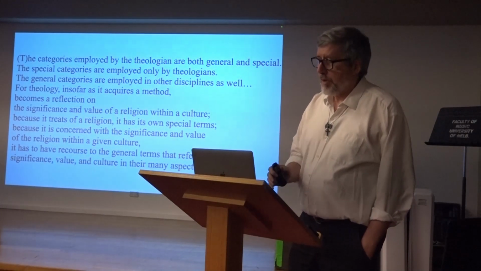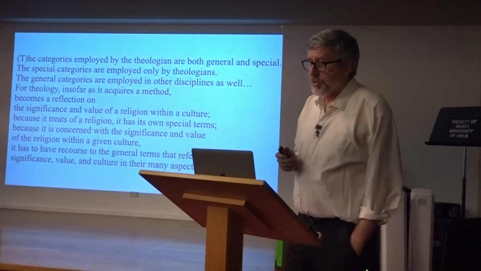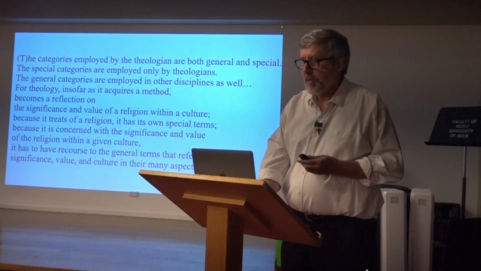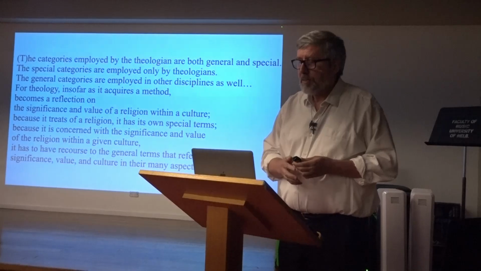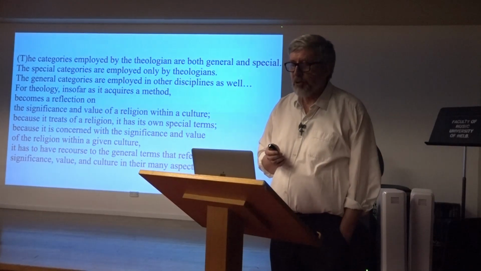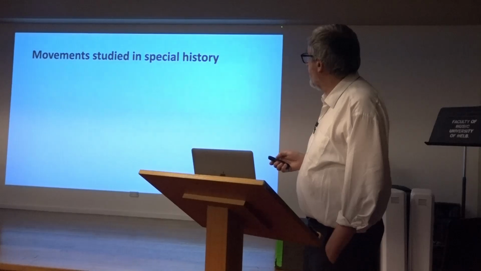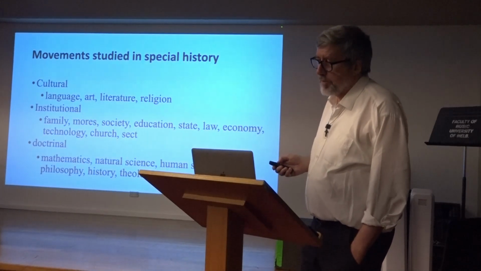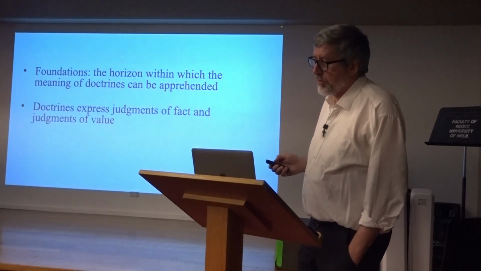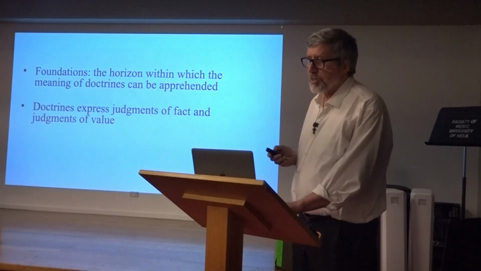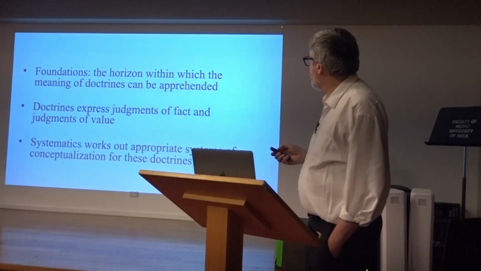He goes on to describe the tasks of interpretation as understanding what was meant, no particular theological reference there. And he says that special history deals with movements. He talks about cultural movements, institutional movements, and doctrinal movements. And in the examples he gives of each, religion is just one of the cultural movements.